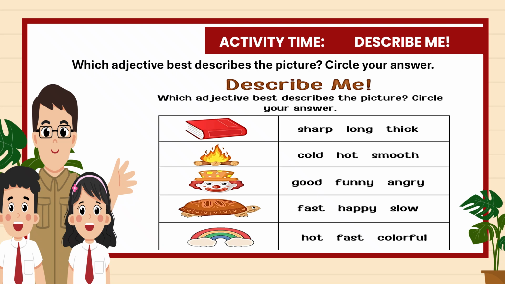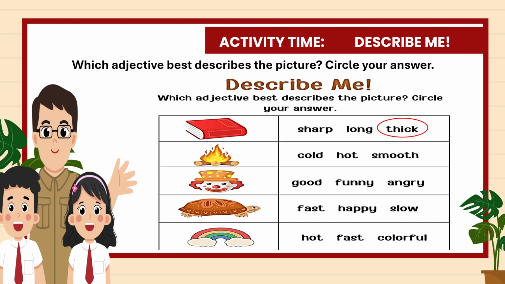For number 1, we have the book. Which adjective best describes the book? Is it sharp, long, or thick? Very good. The word that best describes the book is the word thick. Good job.